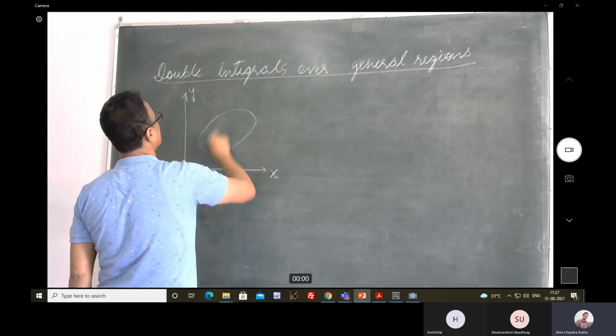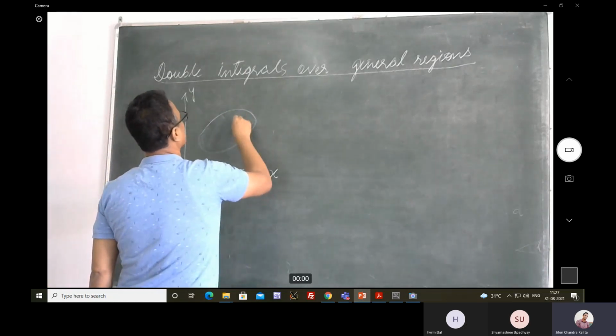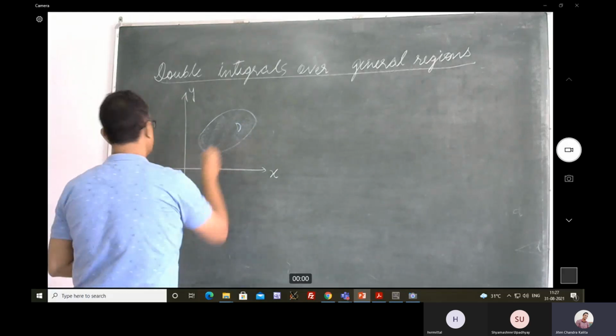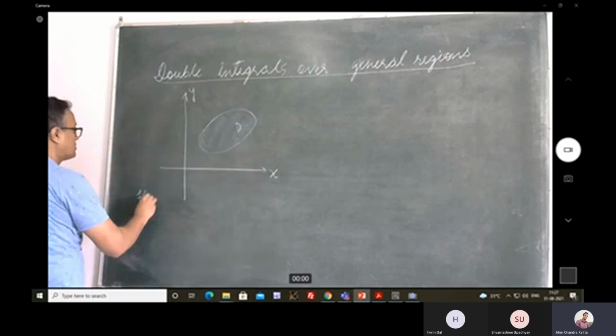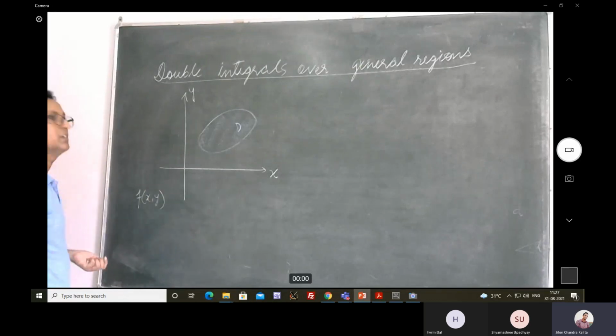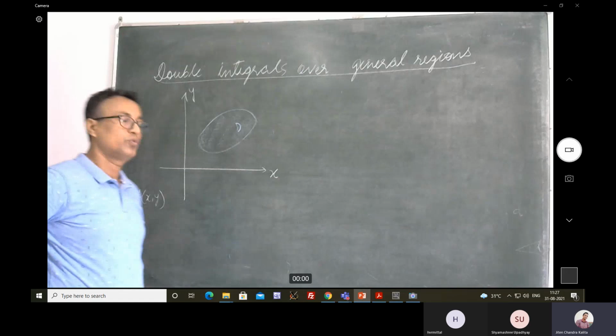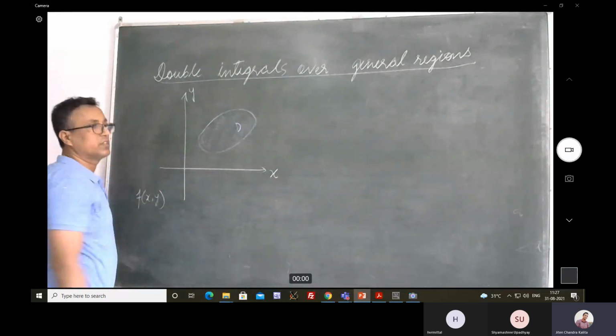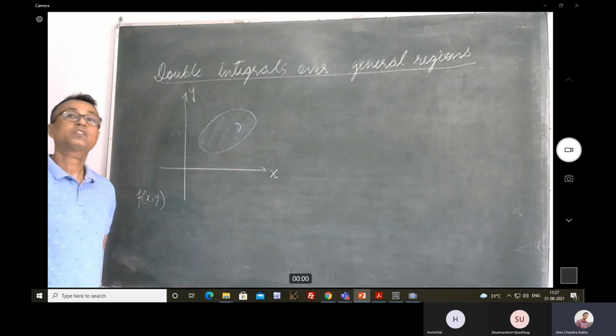Suppose I am considering this to be the domain of a function, say a continuous function f of xy. The first thing is that I'm going to assume that this region is bounded.